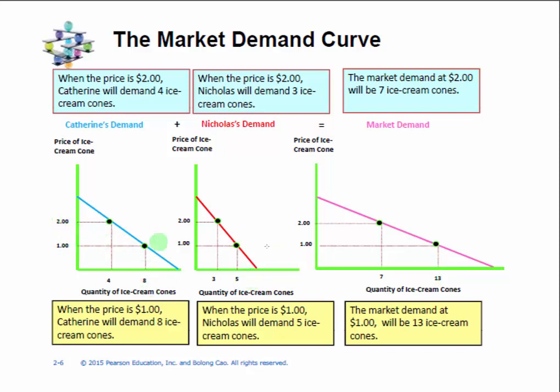So this is the total quantity demanded at different prices. And what we are doing is summing up the individual demand curves horizontally. From this blue line and this red line, we get this purple line. This purple line is the market demand. That's how we get the market demand curve.